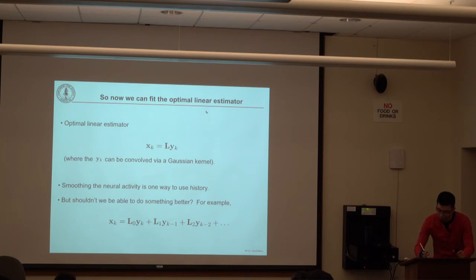What we fit was an optimal linear estimator where we did x equals L times y. In Pittsburgh, they fit an optimal linear estimator where they say y equals b times x. And we know through our handy trick of the pseudo-inverse that we can find this b by saying b equals y times the pseudo-inverse of x.